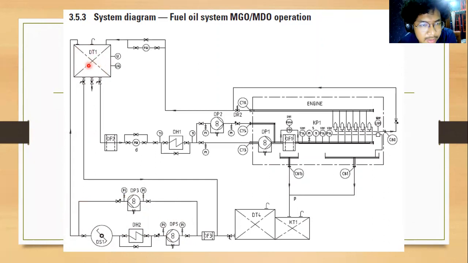From DT1, we have two lines, one to the pump from the storage tank, and one to the engine.